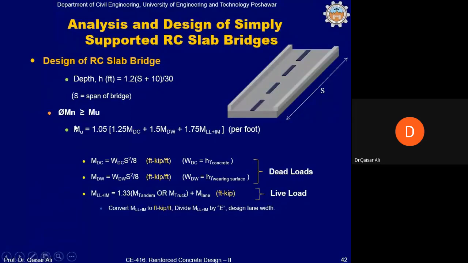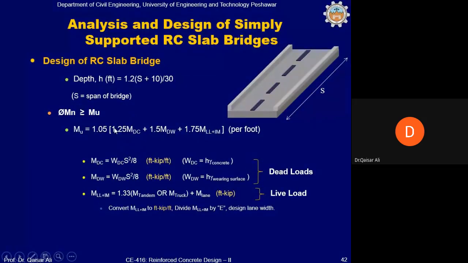And then for the flexure design of the bridge, phi Mn, which is the flexure design capacity of the bridge, must be greater than the demand. Mu is equal to 1.05 times (1.25 MDC plus 1.5 MDW plus 1.75 MLL plus IM) per foot. 1.05 is the load modifier, as was discussed in one of the previous slides, and this is applied over and above all these load factors.